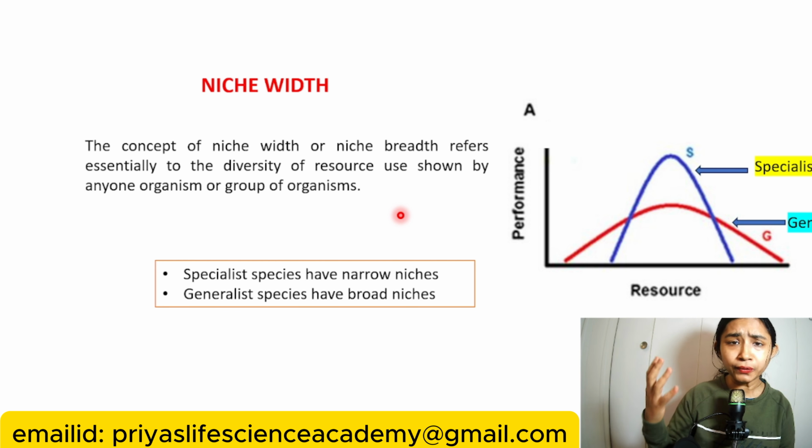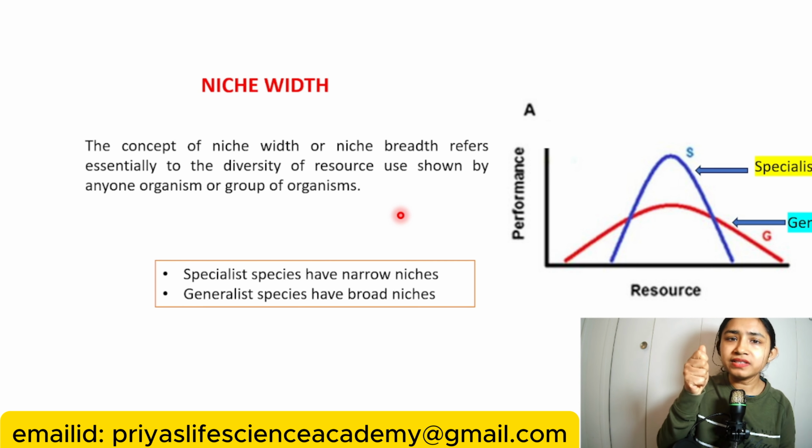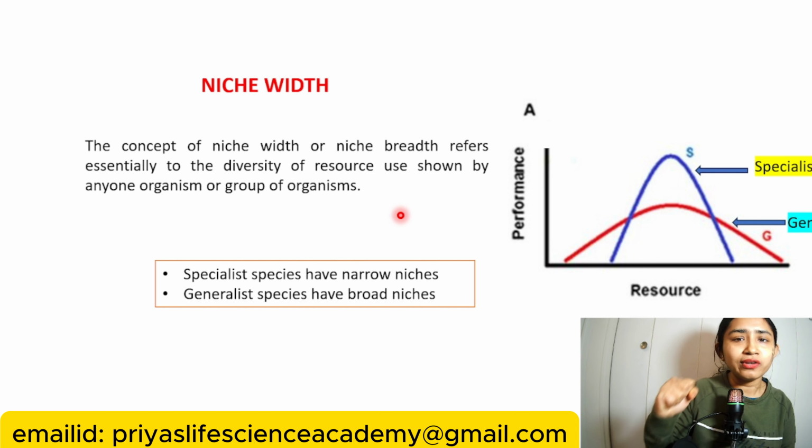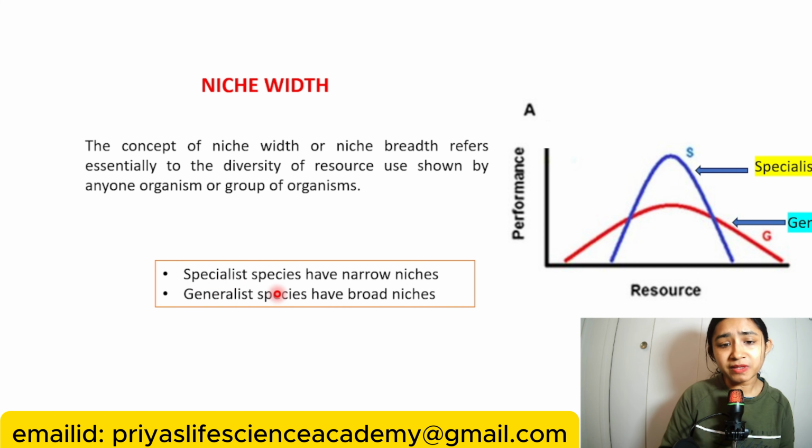And the species which consume a lot of varieties of food, with no fixed food, are known as generalist species. So specialist species have narrow niches and generalist species have broad niches.